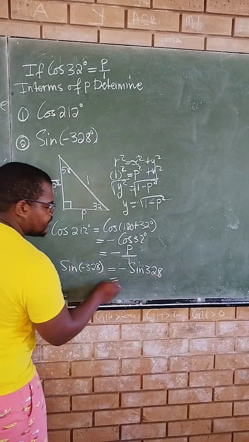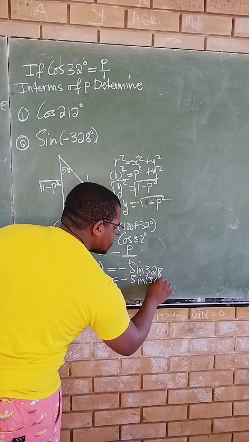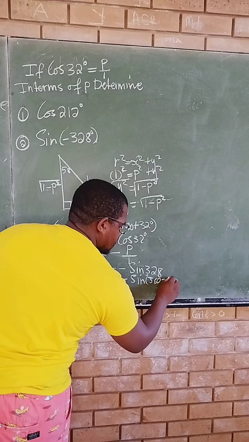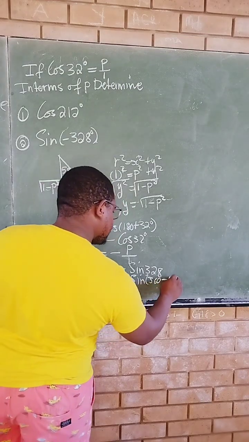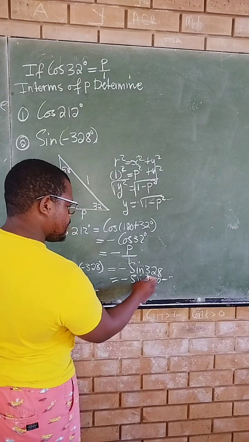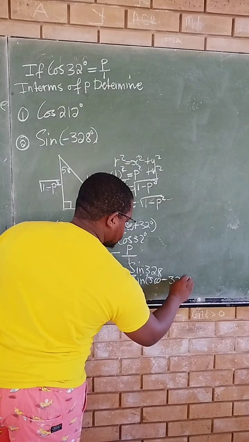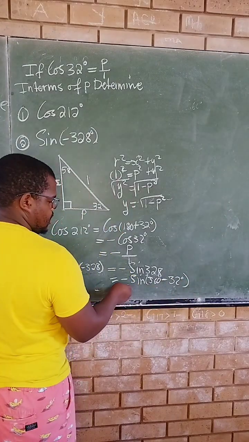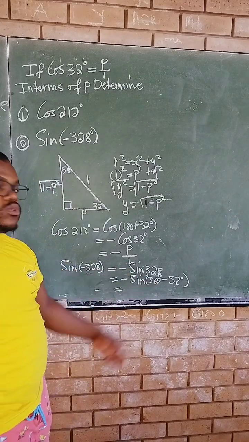We know that this is the fourth quadrant, so this is negative sine of 360 degrees minus 32 degrees. Okay? So I made a mistake even on the first one. It's supposed to be 32, okay?